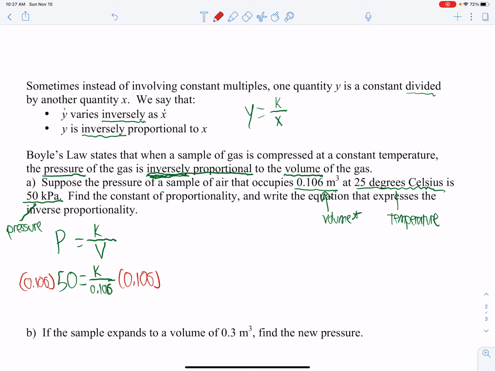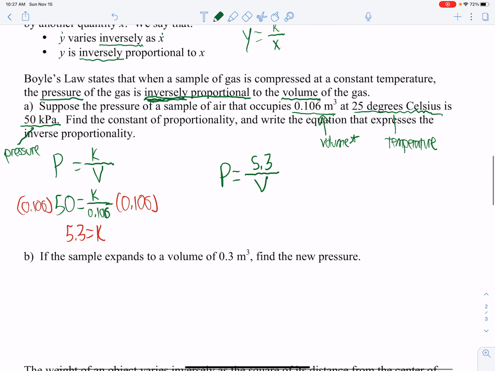So 0.106 times 50, we end up with 5.3 equals K. So going back, now that we know what K is, we can write our equation. Instead of P equals K divided by V, we can write P equals 5.3 divided by V.